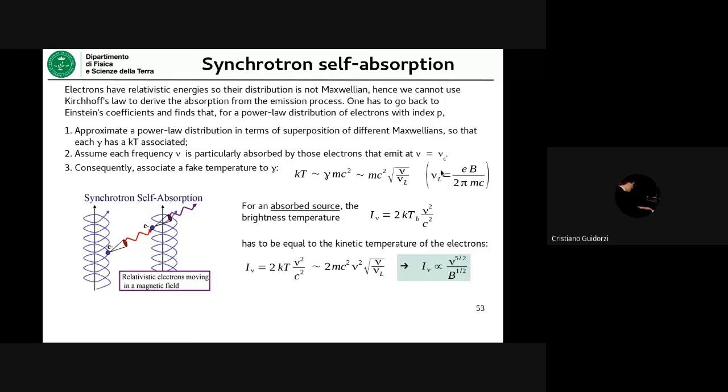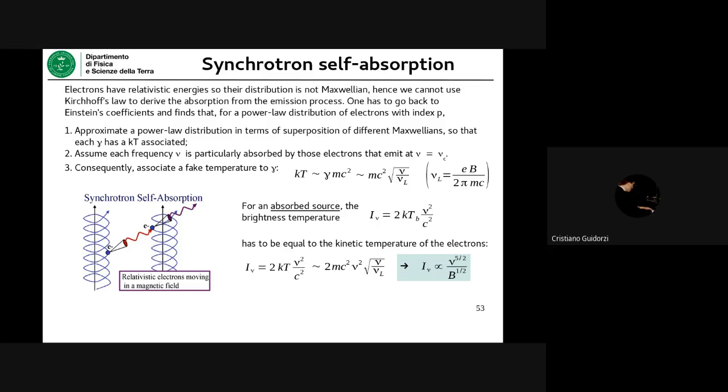For a fixed frequency, gamma scales with one over the square root of B. So somehow you see, I recovered the scaling of I, the intensity, in the absorbed regime.